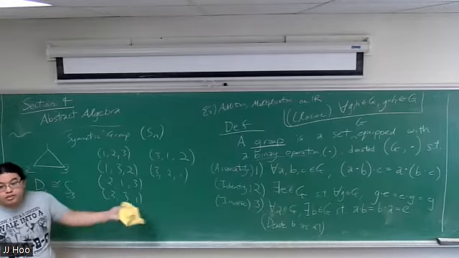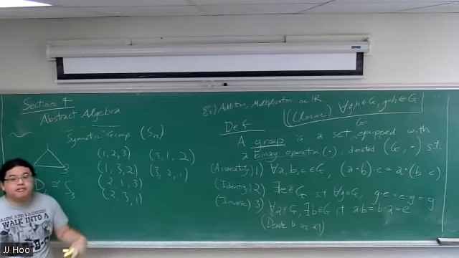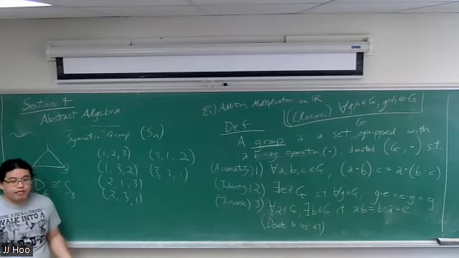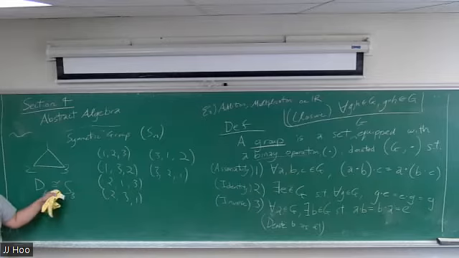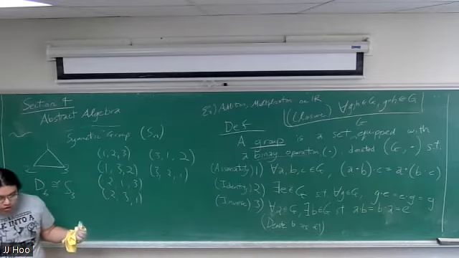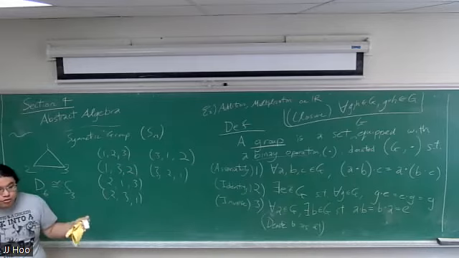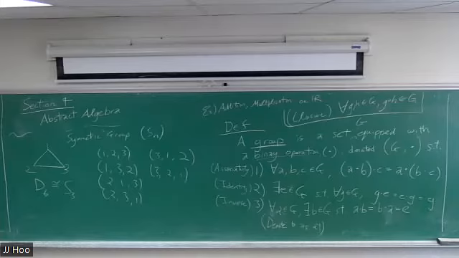One is 1, 2, 3, the other one's A, B, C. They're not equal. But they can be represented the same way, right? When I have numbers representing A, B, C and so on, that's when we have this equivalence, isomorphism, right? The isomorphism is, in essence, a way to talk about groups being essentially the same group without actually being the same group, right? So that's what I want to introduce.